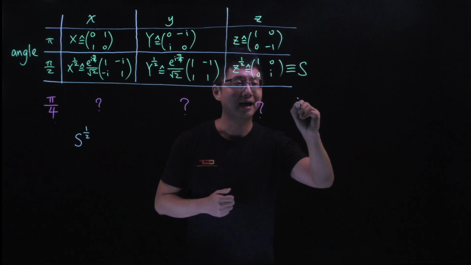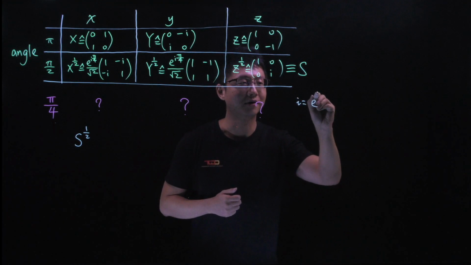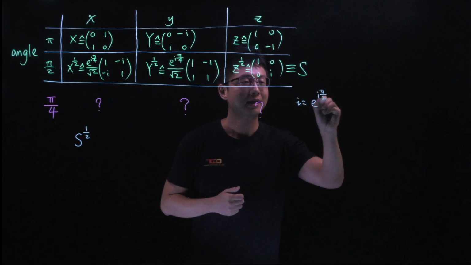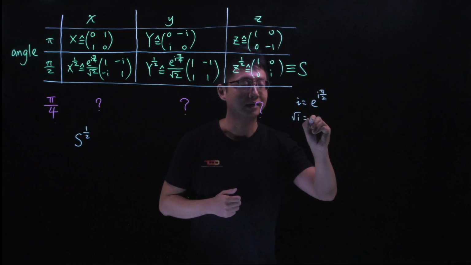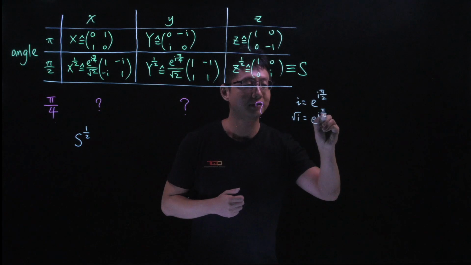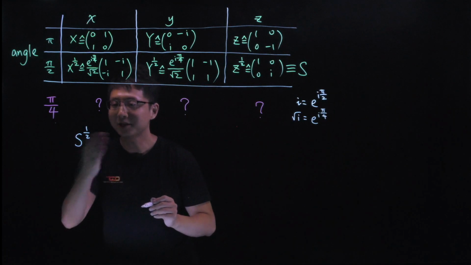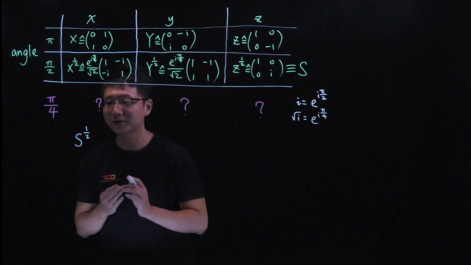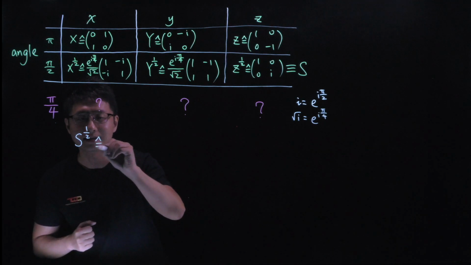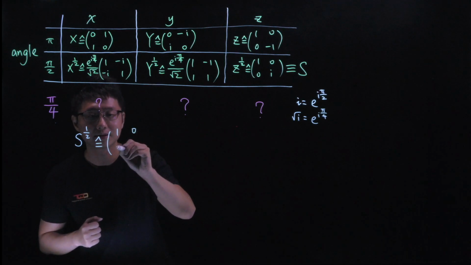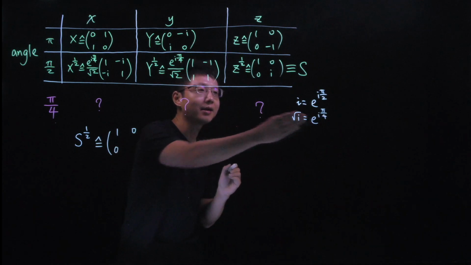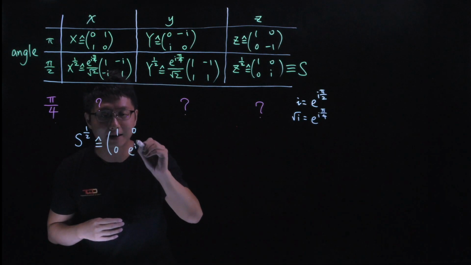This is simply because i can be written as e to the power of i pi over 2. Hence, the square root of i is simply e to the power of i pi over 4. So, the matrix representation for the square root of the S matrix is simply 1, 0, 0, and the square root of i, which we take as e to the power of i pi over 4.